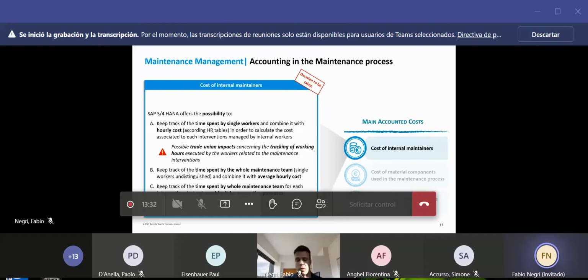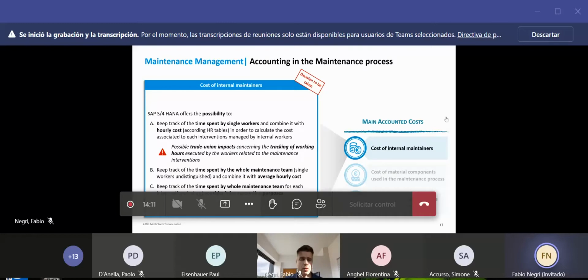So here we are saying that it is possible to monitor how much time has been spent on the intervention, but maybe there is a team of 1-2 persons, thinking about a plant like the one in Magenta, where I honestly don't know how many people there are in maintenance, but let's say 1-2. In this case, it may be possible to just monitor the time spent by the whole maintenance team without considering it for accounting purposes. So this can be the lightest situation.